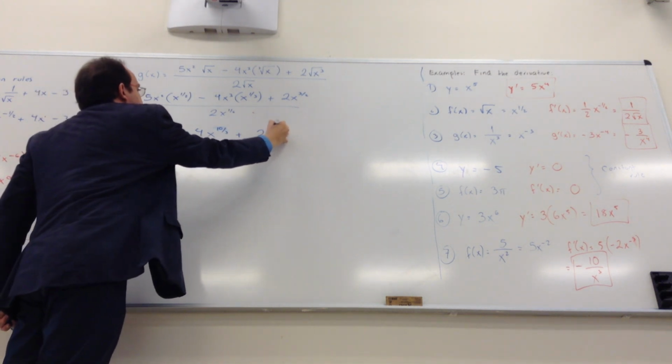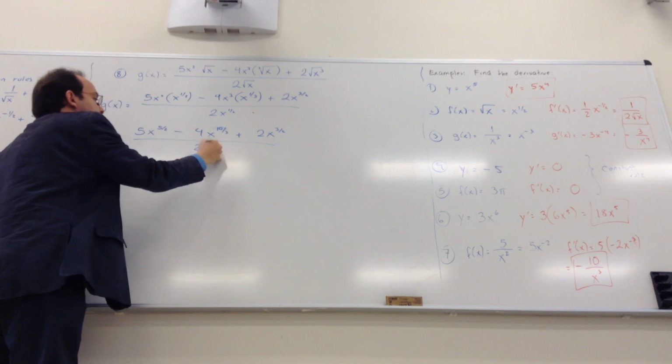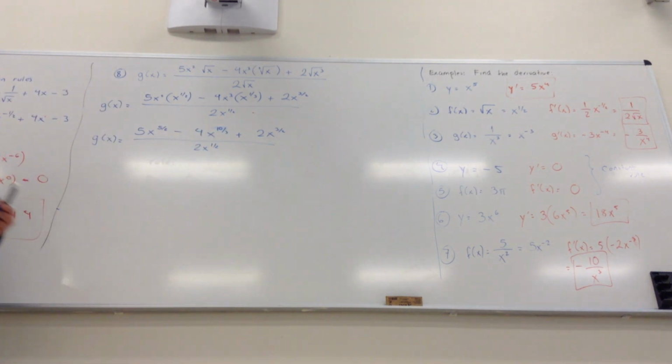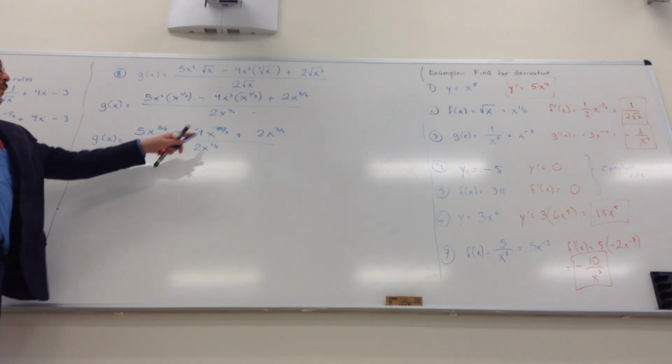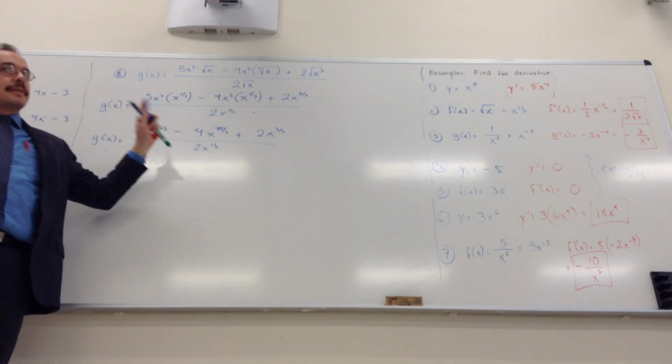Plus 2x to the 3/2 over 2x to the 1/2. How did you get the 10? The sum of 3 is 9/3 plus 1/3, which is 10/3.